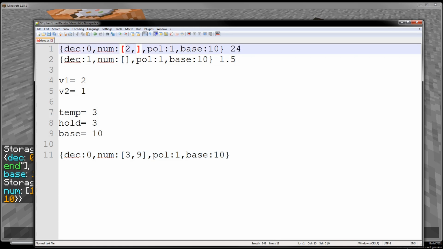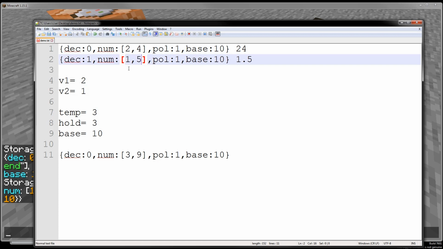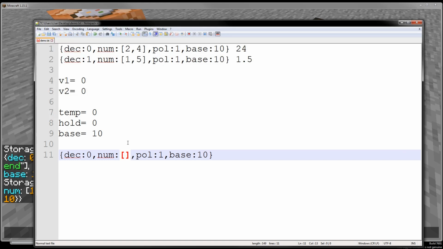So I start out with 2, 4 and 1, 5. Let's reset all these. Since I have a decimal point of 1 on this one, I have to add an extra 0 to this here.